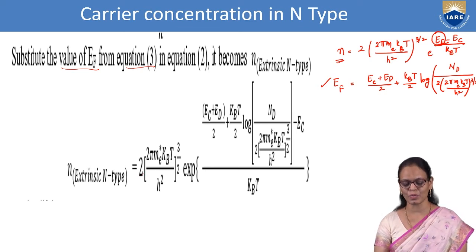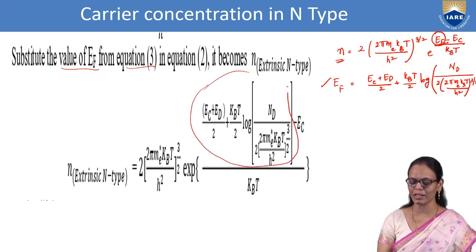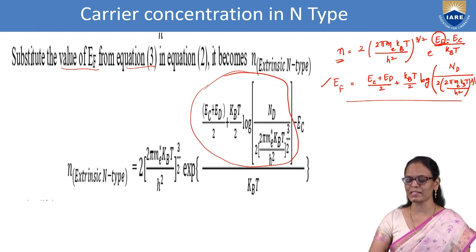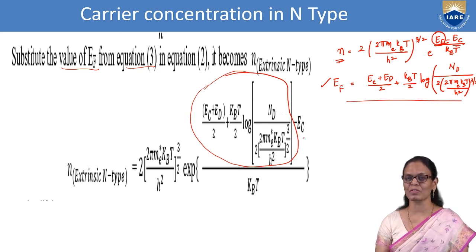So we write 2 into (2 pi me kB T by h square) power 3 by 2 into exponential of [(EC plus ED) by 2 plus (kB T by 2) log ND by 2 into (2 pi me kB T by h square) power 3 by 2, minus EC] upon kB T. The only thing we did is put this expression in place of EF.